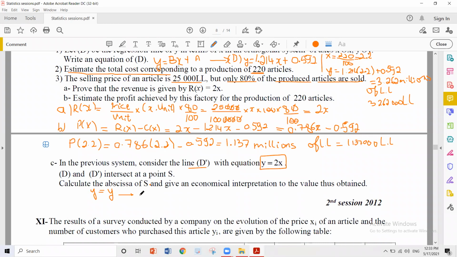It means that 2x, هذا for D prime, equals D, which is 1.214x plus 0.592.